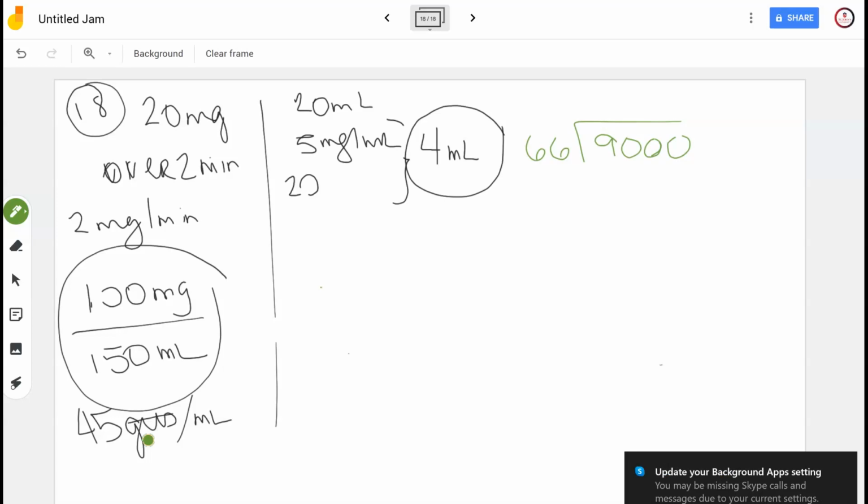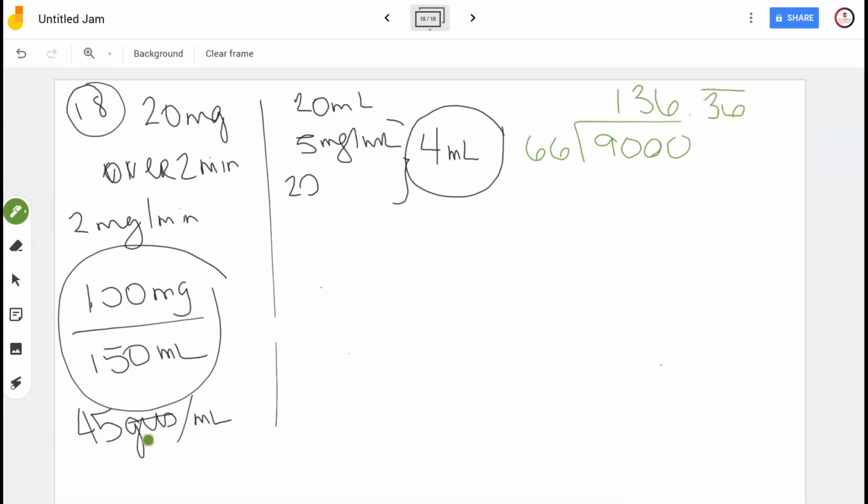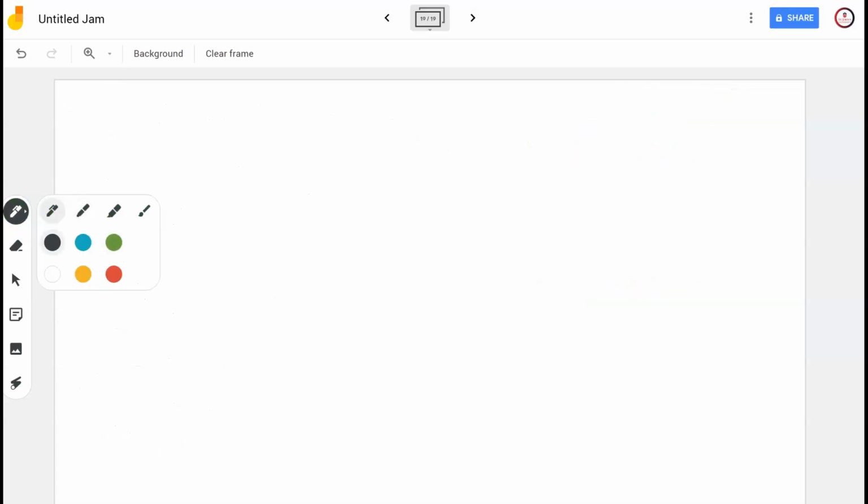And I don't know about you, but I'm going to use my calculator. Divided by 66 comes to 136.36 repeating. So you're going to give that patient 136 drops a minute. Yeah, this isn't pretty math.